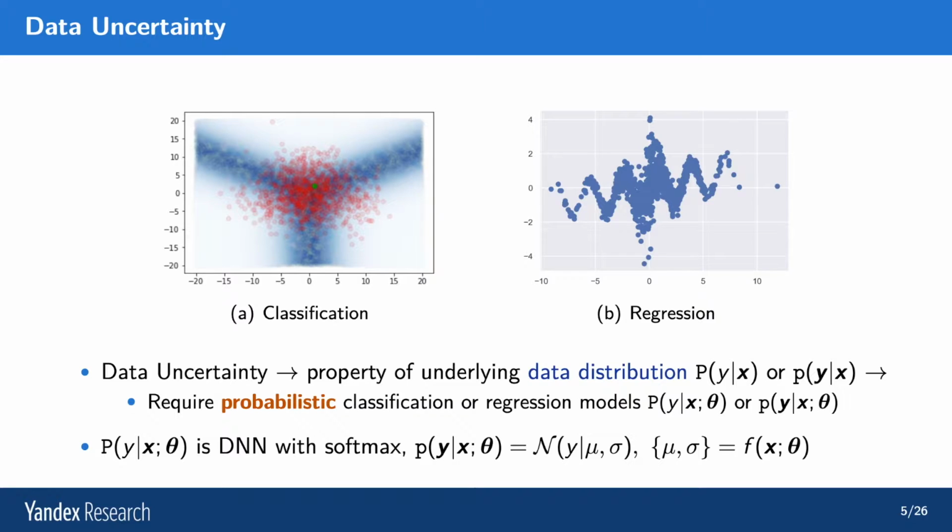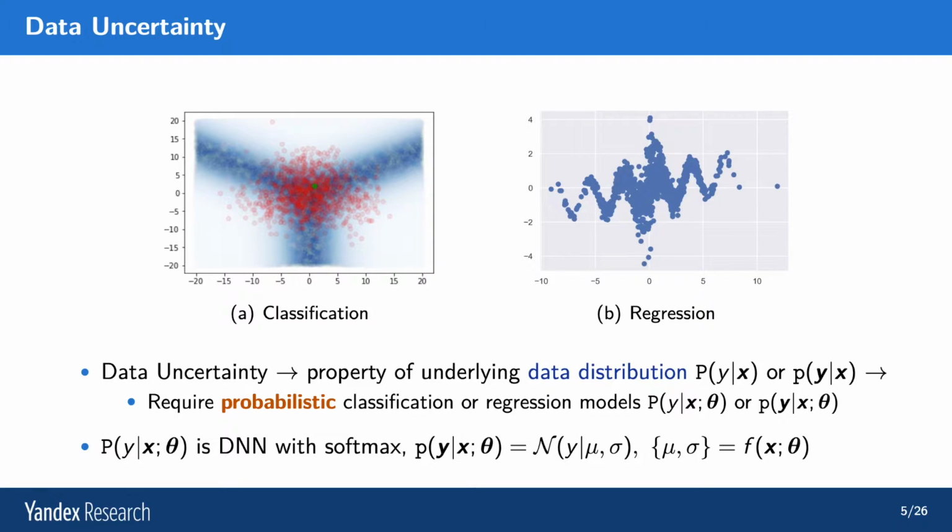And as we are trying to model this underlying data distribution, we need probabilistic classification and regression models. Thankfully, almost every single classification model you've ever used is probabilistic. If you're using a neural network, you have a softmax, it's probabilistic, you're good to go. However, most regression models tend to be not probabilistic. They tend to just predict a particular score, and they're trained with an L2 loss.